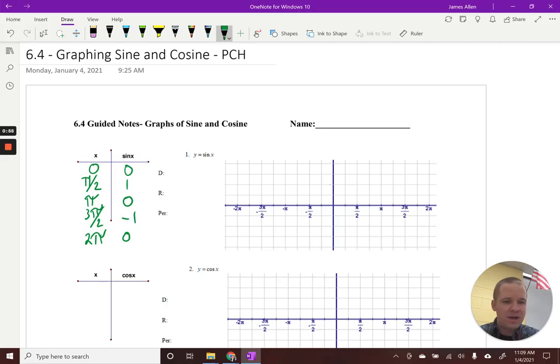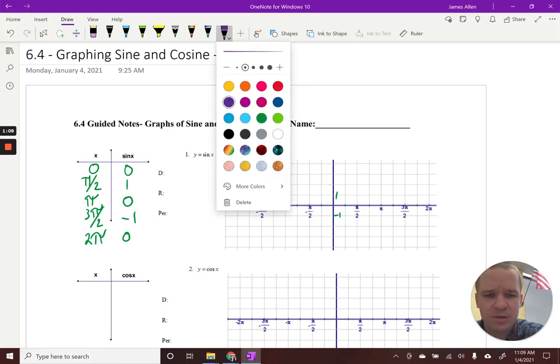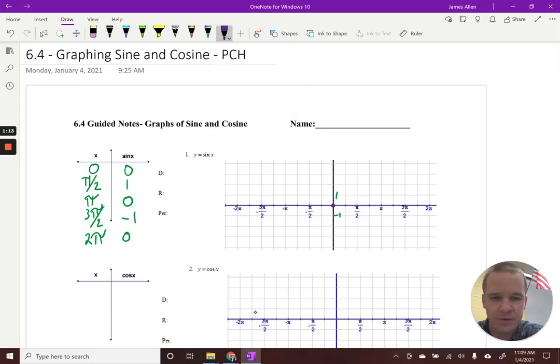Cool. Well, I've got these on my tick marks on that graph there, so I can just go ahead and graph these ordered pairs. I start at 0, 0. Then I had pi over 2, comma 1.